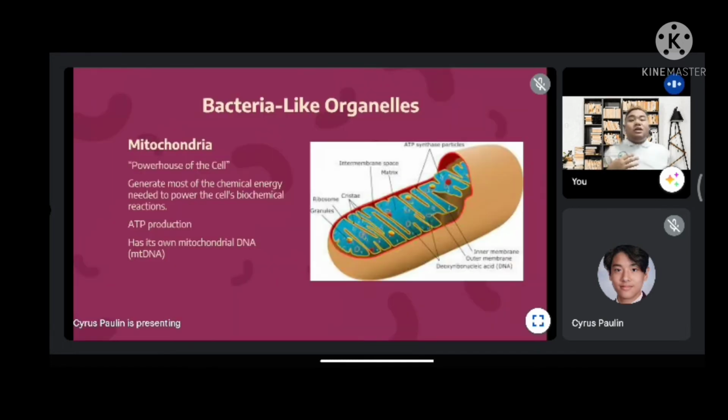Next, we have the bacteria-like organelles. First we have the mitochondria, generally known as the powerhouse or the power plant of the cell. It generates most of the chemical energy needed to power the cell's biochemical reactions, or ATP production, and has its own mitochondrial DNA or mtDNA.